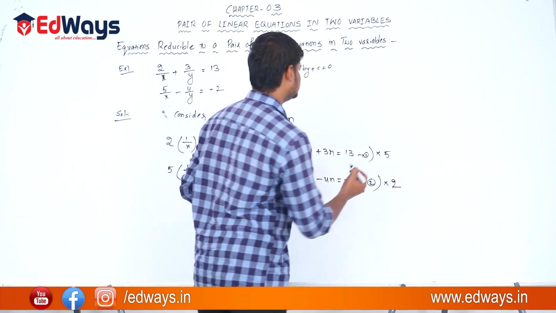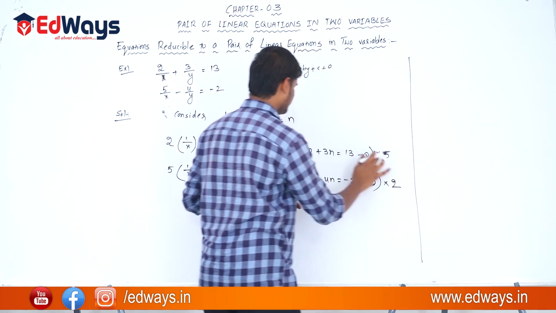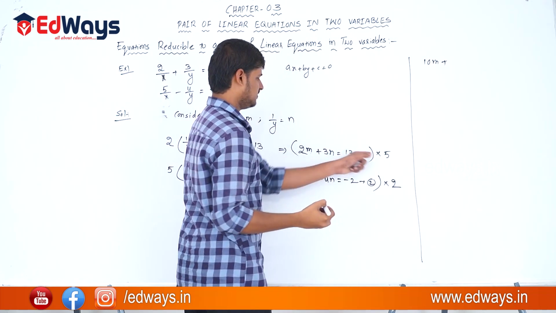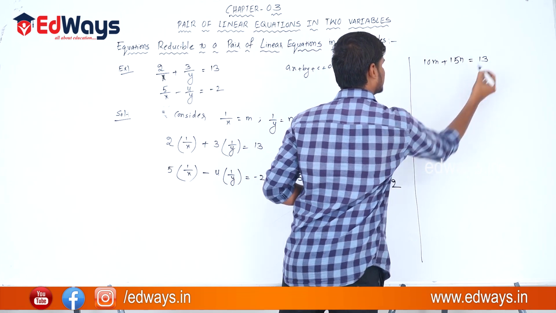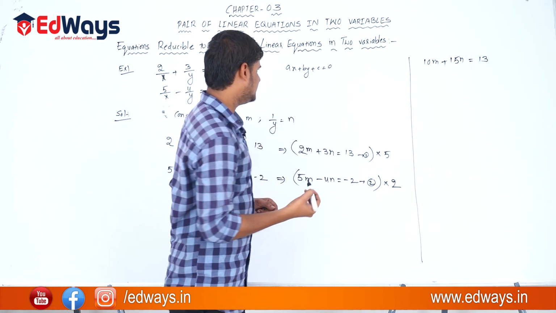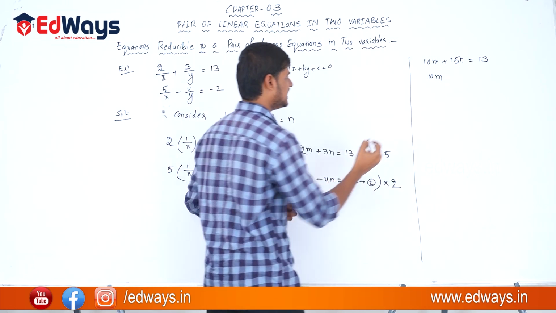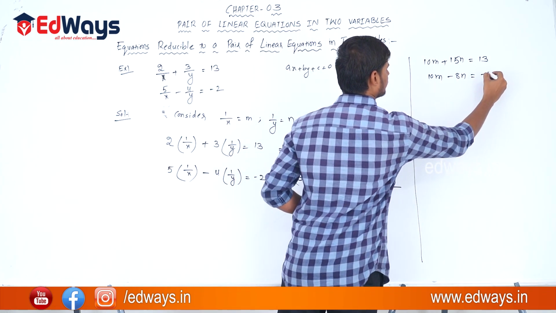Then these equations will become 5 into 2m, that is 10m plus 15n is equal to 13, and here 10m minus 8n is equal to minus 4.